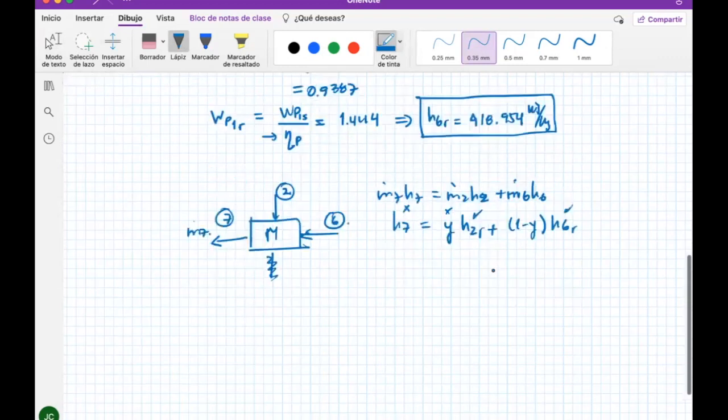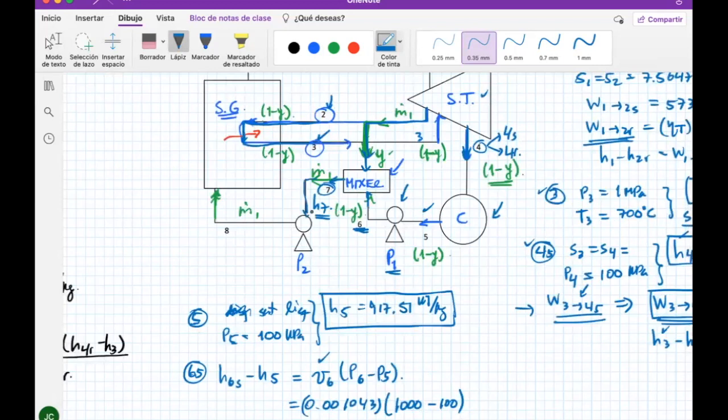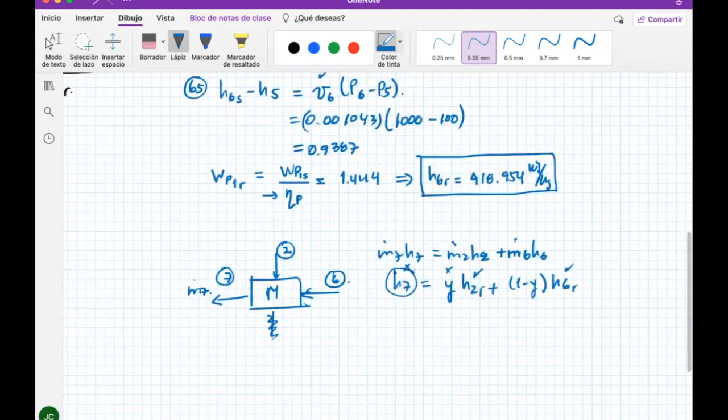This is the trick here. If I'm going to introduce this 7 flow into a pump, it needs to be at least saturated liquid. So I'm going to force it: 7 needs to be forced to be saturated liquid. Otherwise, it cannot go into the last pump, or the second pump.